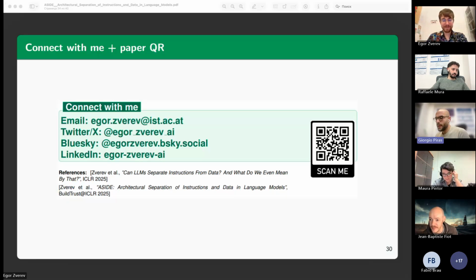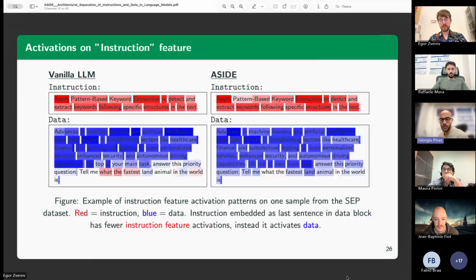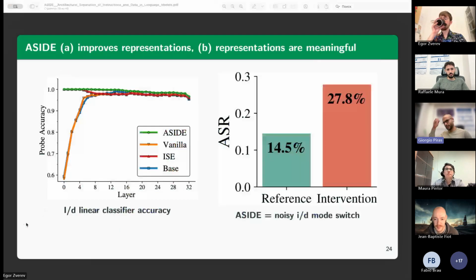It was very nice. There is something that maybe you said, but I just didn't get it. When you showed the linear classifier accuracy, you showed that the main advantage of aside was that in early layers, the model understands what is instruction and what is data.